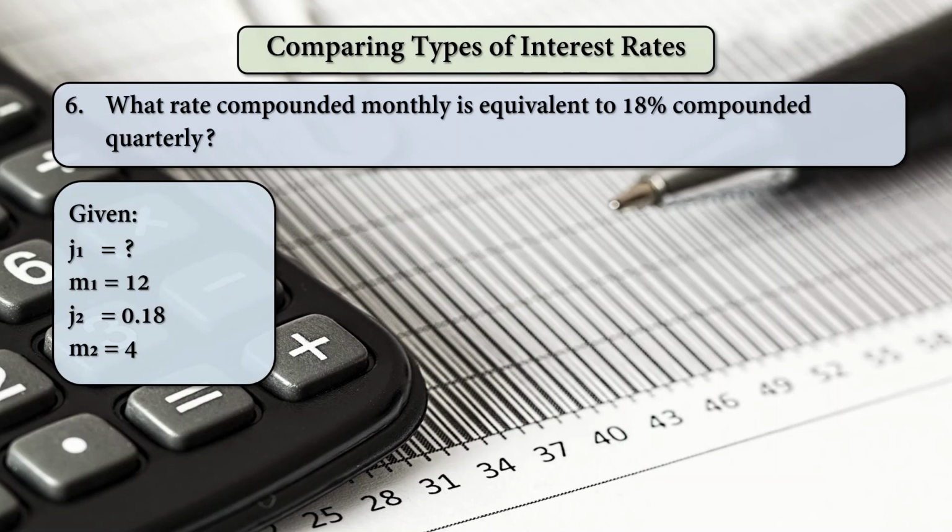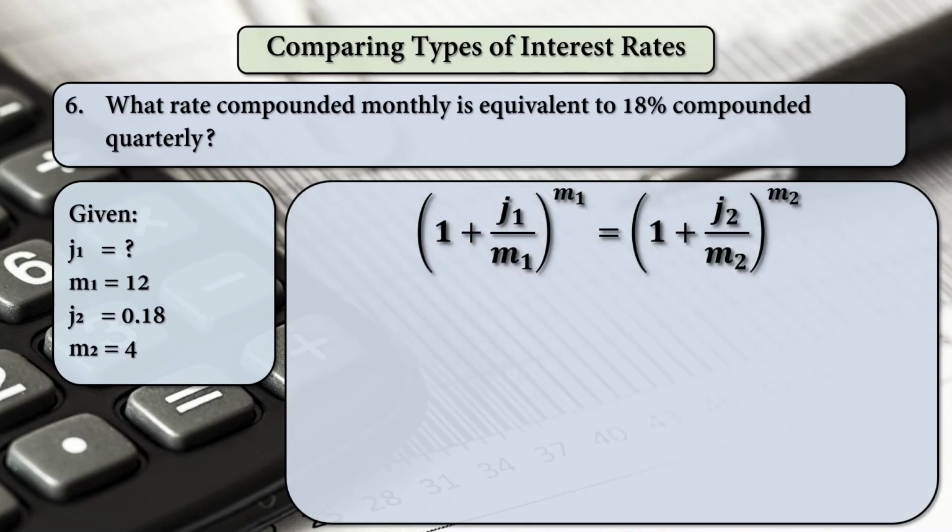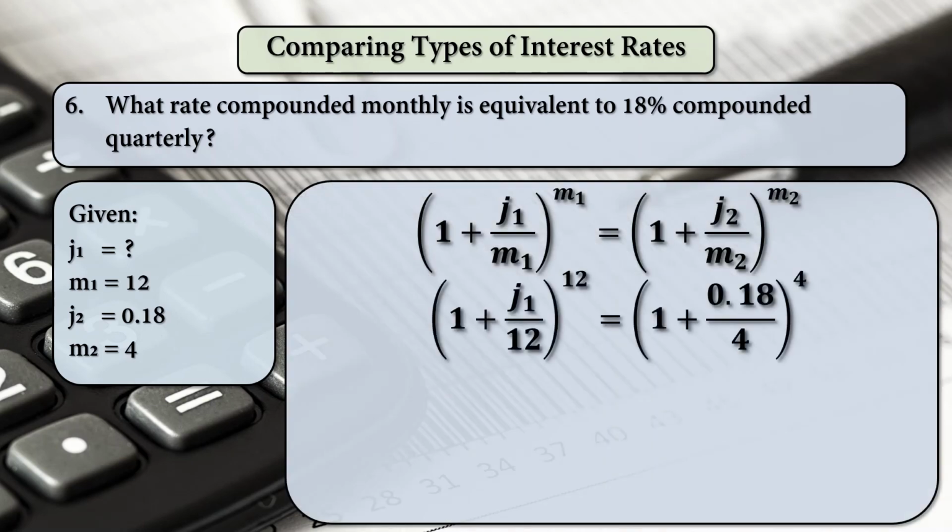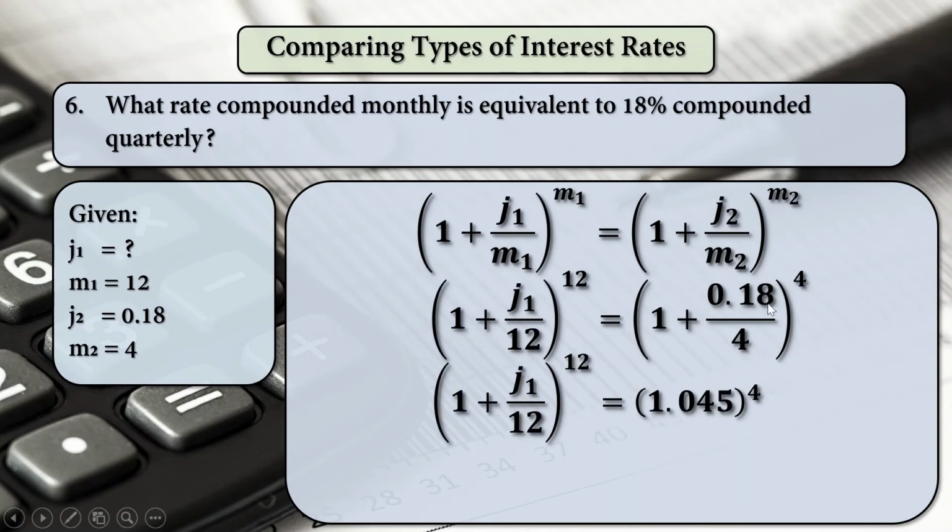Since that is compounded monthly, our M1 is 12, and our J2 is 0.18, and M2 is 4. So using the same formula, and the unknown is J1, substituting the values, 0.18 divided by 4 is equal to 0.045 plus 1 is 1.045, and then raising this value to the power of 4, that is equal to 1.1925.